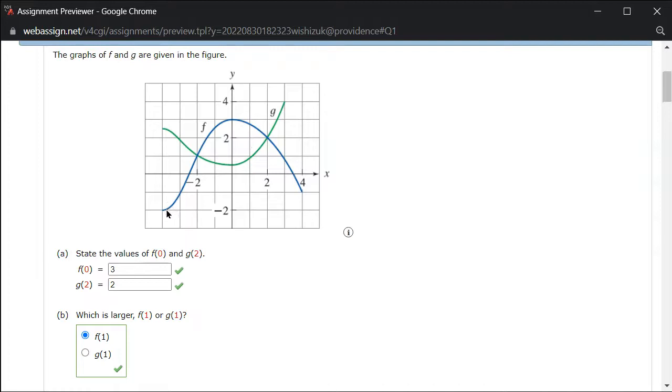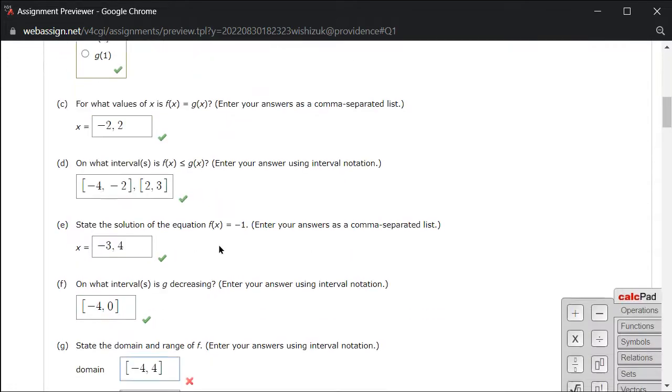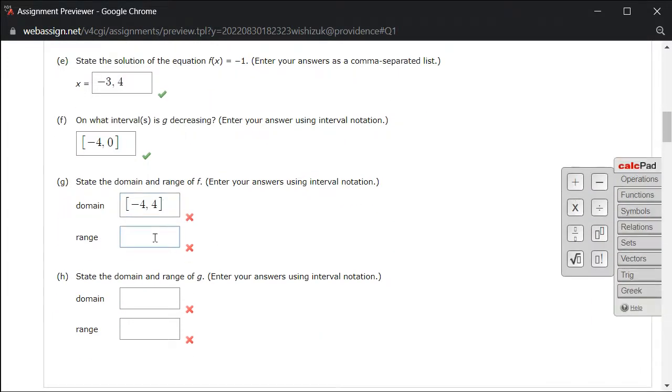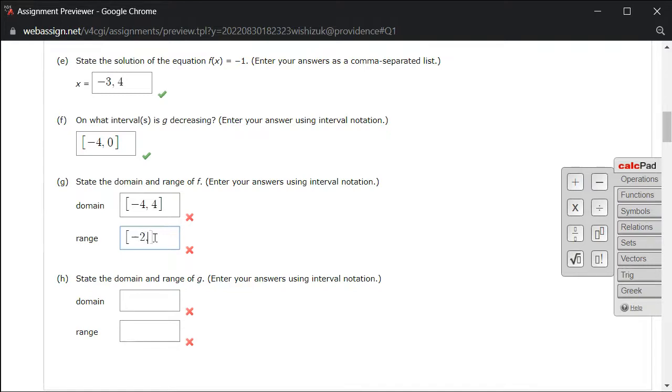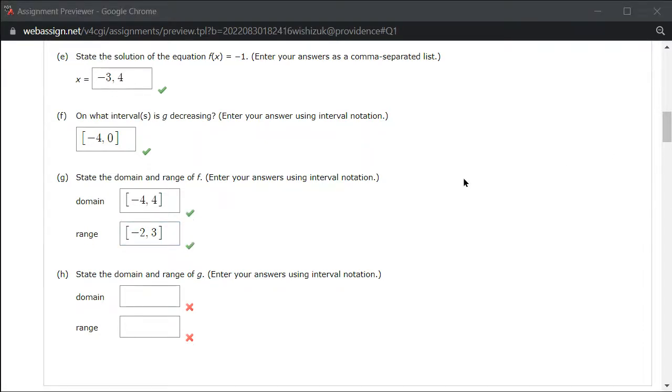You can see that the lowest y value is -2, and the highest y value is 3. So it's -2 to 3. So I'm going to put from -2 to 3. Let's check the answer. I came back. We got the domain and range of function f.